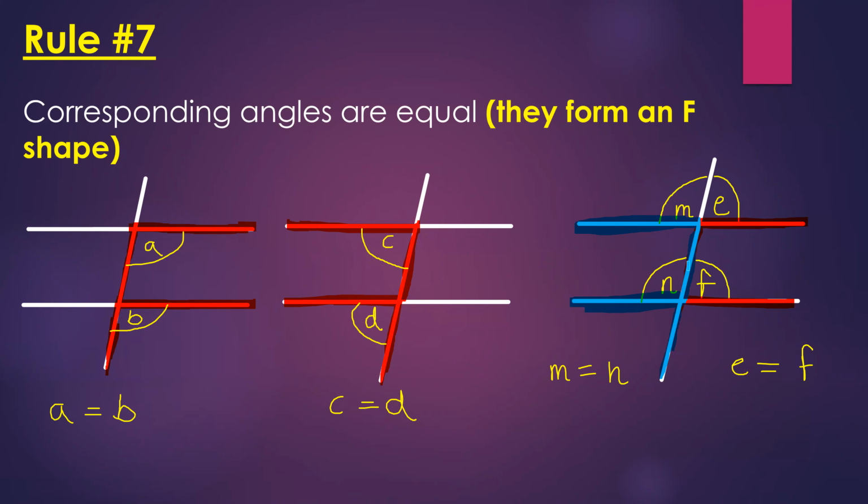So it could be like that. It could be this way or that way. It could be backwards. All right, so those are corresponding angles. Taya, what do we know about corresponding angles? They are equal and they form an F shape. Very good. They are equal and they form an F shape.